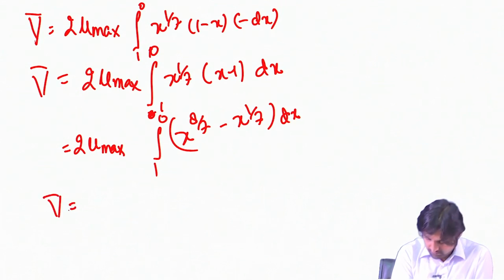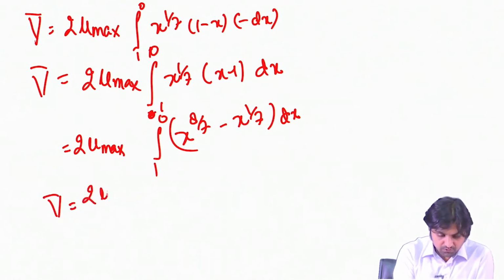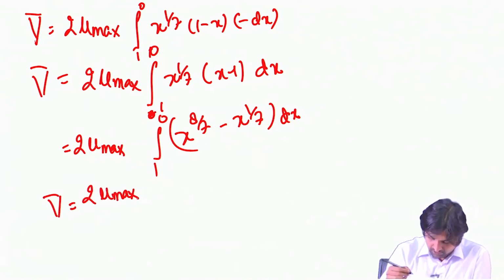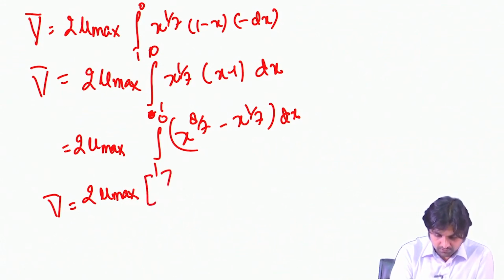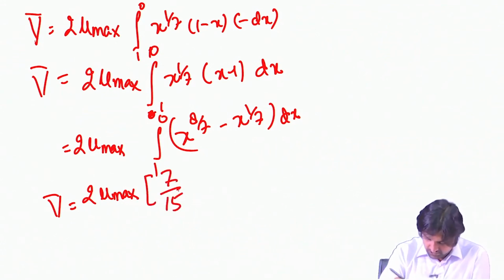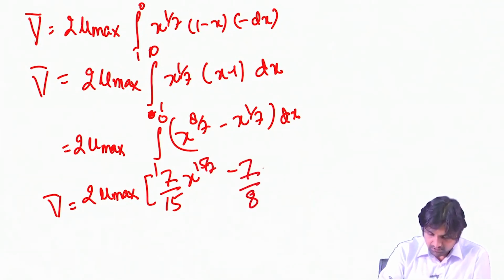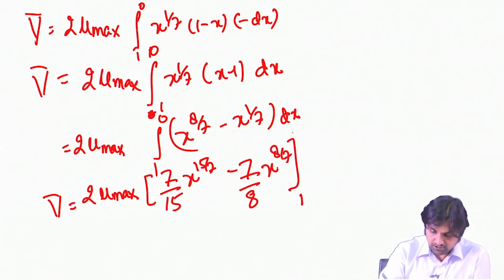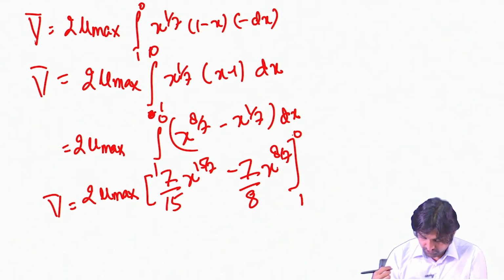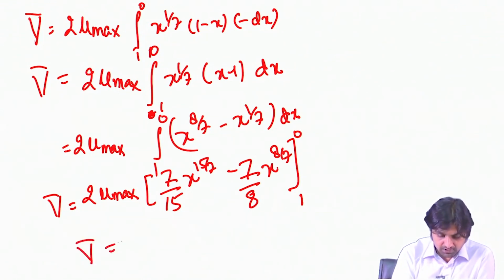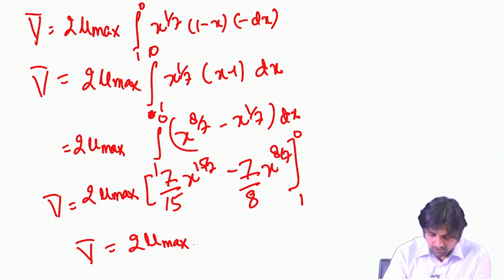So, V bar can be 2 u max into 7 by 15 x to the power 15 by 7 minus 7 by 8 x to the power 8 by 7, where the limit is from 1 to 0 for both terms. So, V bar is 2 u max, and we substitute the limits 1 and 0.